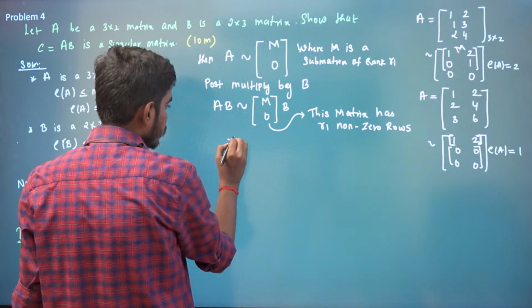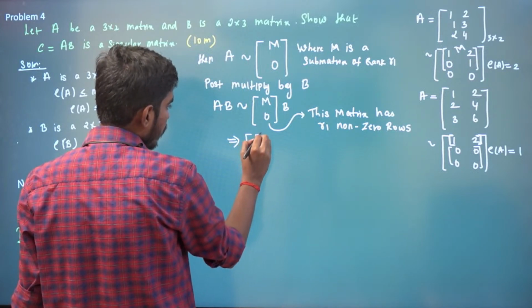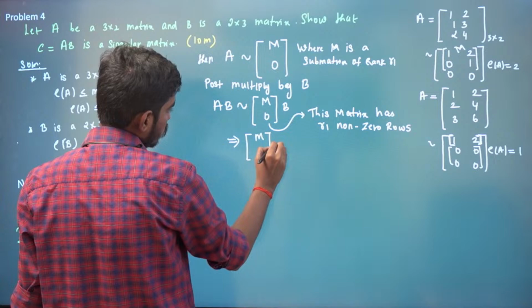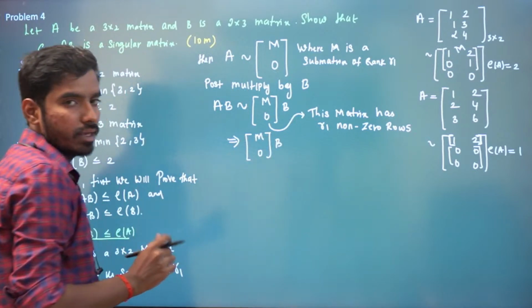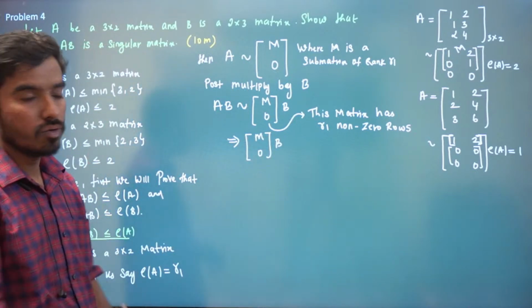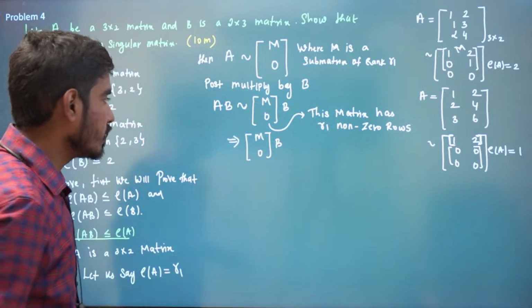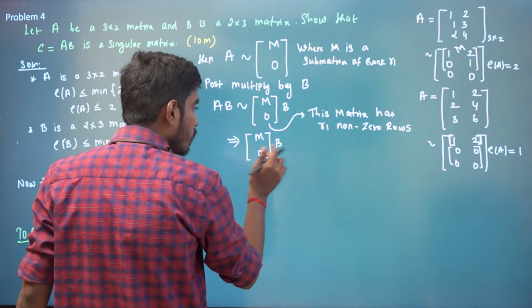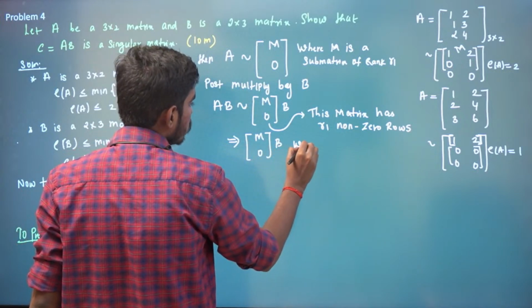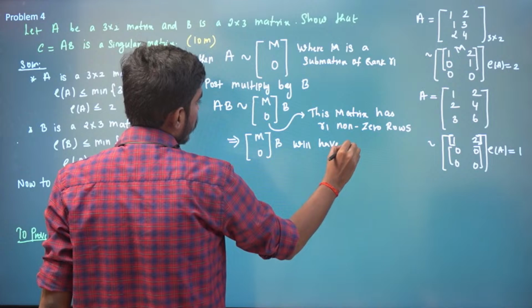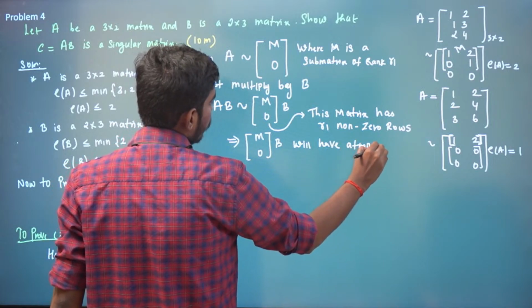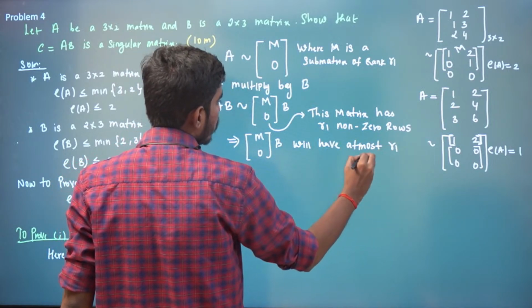This implies if I multiply R1 non-zero rows with a matrix B, that B has rank R2, the overall product, you just take some examples, right? The overall product will have at most R1 non-zero rows.